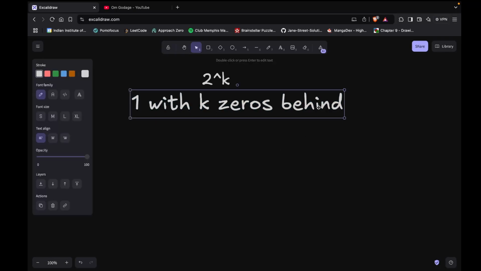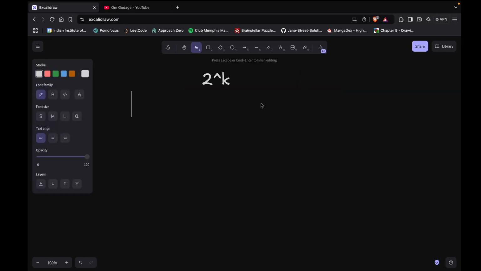Now that you know that a valid tile will only have a single one and all other zeros, the simplest thing you can do is count the number of ones that appear in the binary form of n.